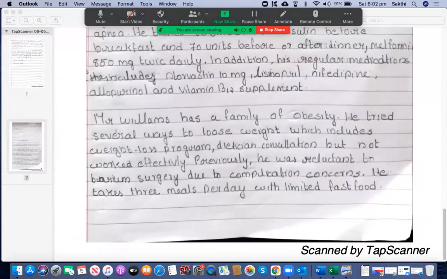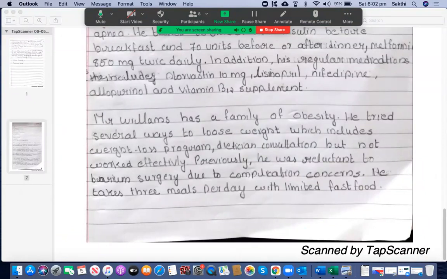"He tried several ways to lose weight, which includes." Now again, look at this. He tried several ways. So this verb is directed to "several ways", which is a plural noun. You could have used "which consisted of" or "which included", because it's in the past, isn't it?